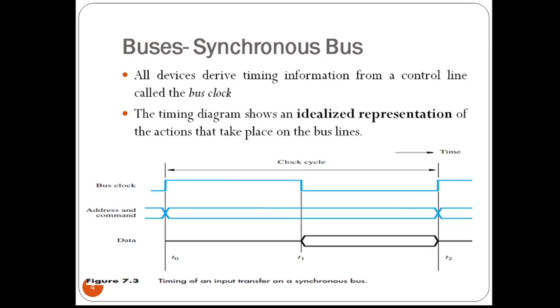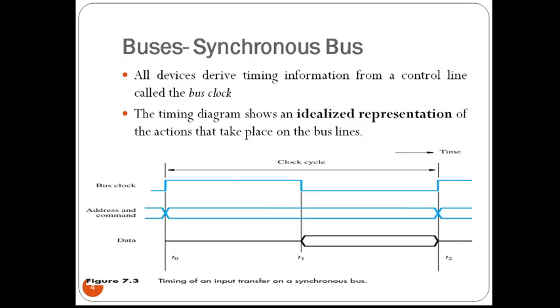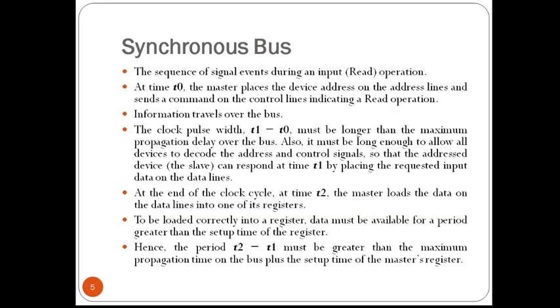Now let us consider the sequence of events that happen during an input operation, that is a read operation. You can see this with respect to figure 4.23 from the textbook. At time t0, the master places the device address on the address lines and sends an appropriate command on the control lines.